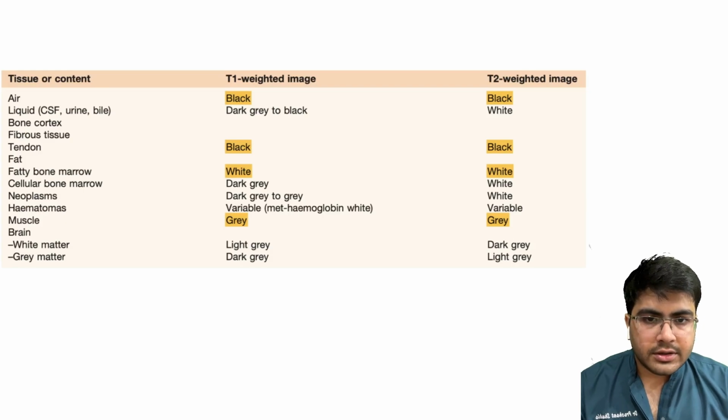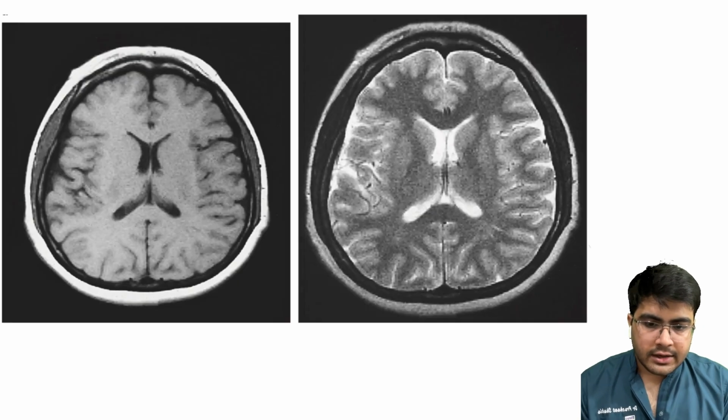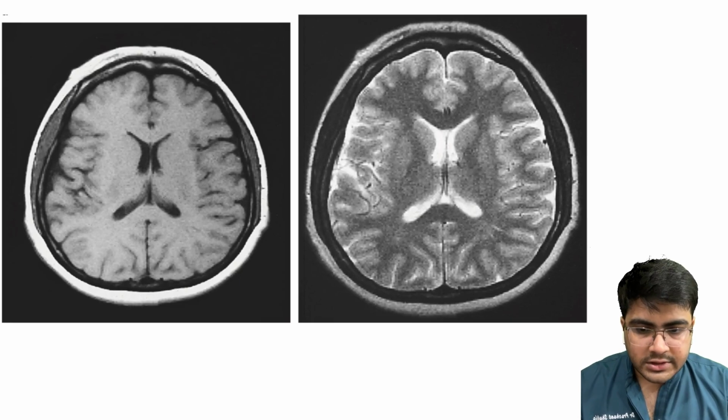This is the thing you need to remember. In the left hand image, the ventricles are black, the intersulci or intergyral spaces are also black, and the cisterns are also black. This means it is a T1 weighted image because the CSF is appearing black.